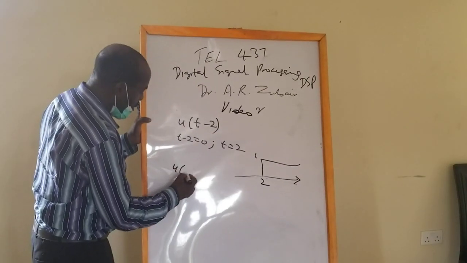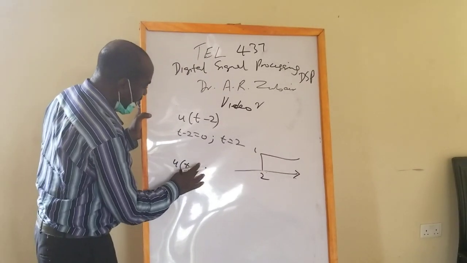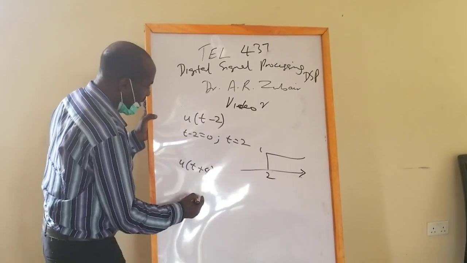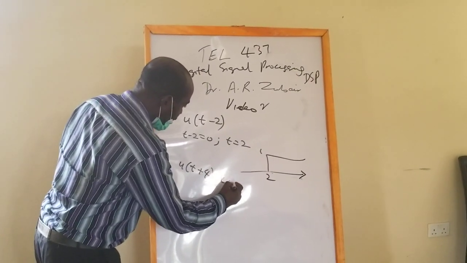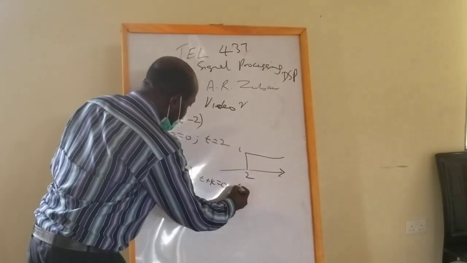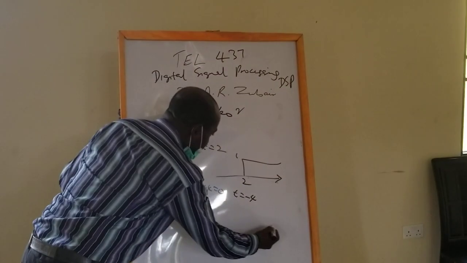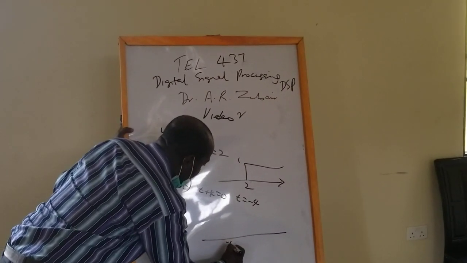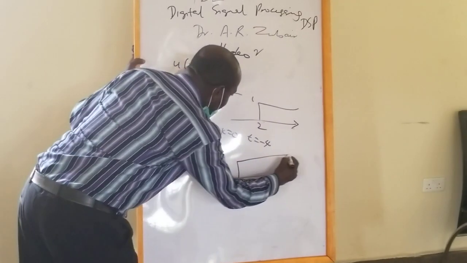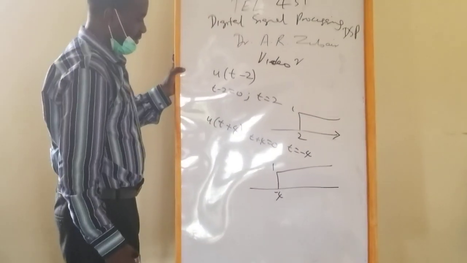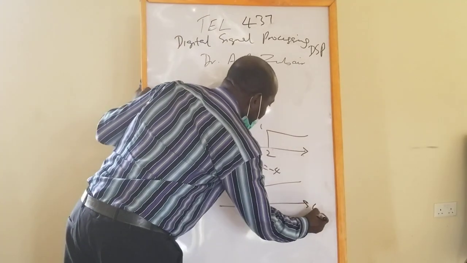If I give you u of t plus 4, that means t plus 4 equals 0, t equals minus 4. So it is at minus 4 that switching will take place. This is still the time axis.